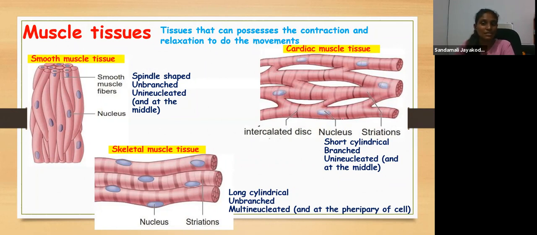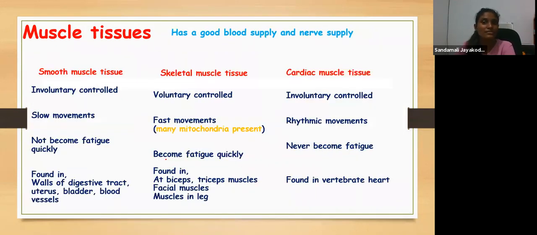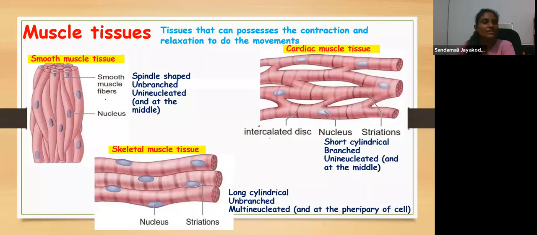It has a rhythmic moving pattern because it's in our heart. So in this way, these three perform three different movements in our body. Here we are going to look at their features at first, before talking about their functions and their differences in control.